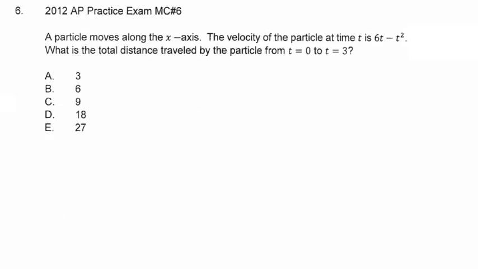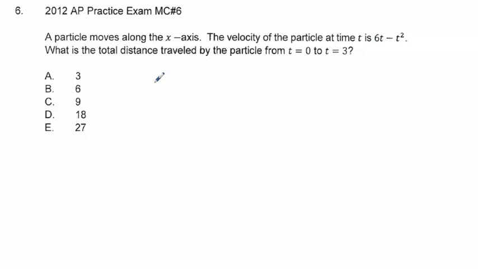Next, we have a particle that moves along the x-axis. The velocity of the particle at time t is 6t minus t squared. What's the total distance traveled by the particle from t equals 0 to t equals 3? Basically, you're looking for the initial position, and you're going to need a position function to do this.